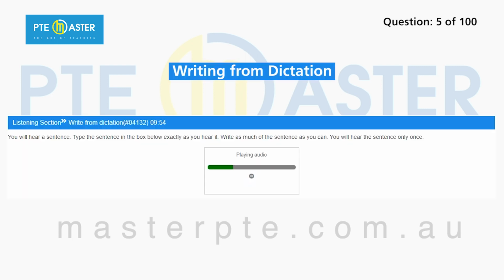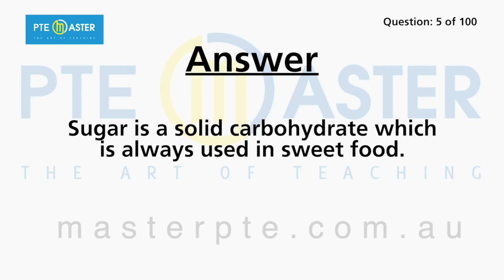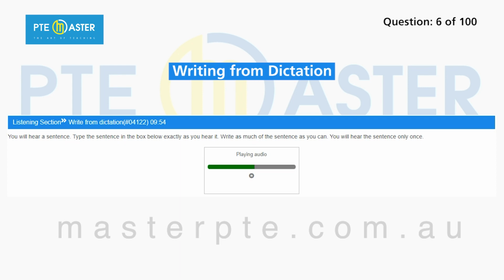Sugar is a solid carbohydrate which is always used in sweet food. The course will start with the history of architecture.